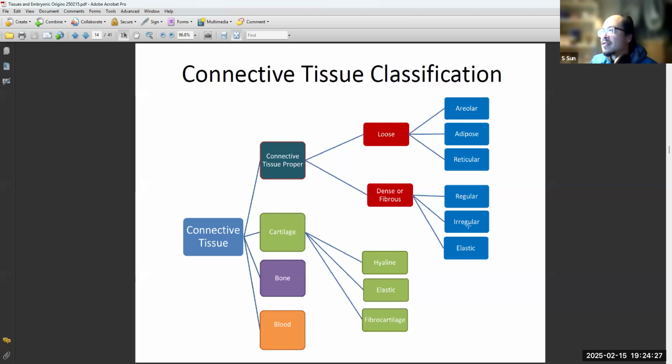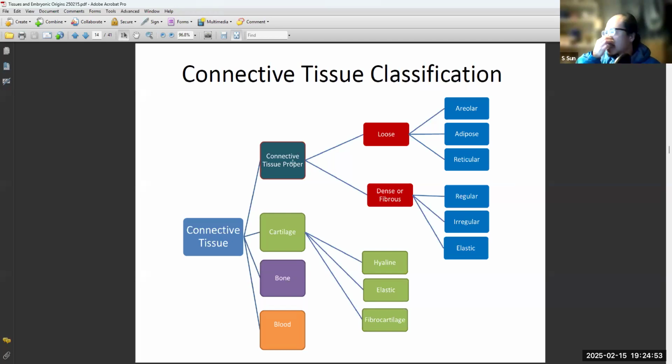Yeah. So a typical one I want to get your attention to is the fat tissue. Fat tissue should have a function. It stores fat, but somebody classifies it as a loose connective tissue proper. So it's not considered specialized, it's considered a tissue proper.